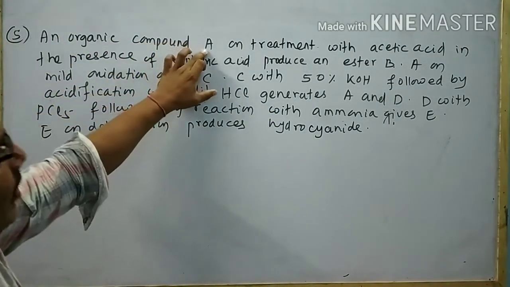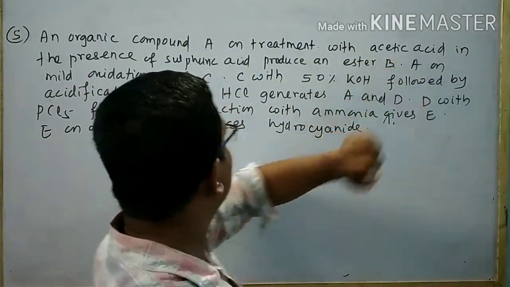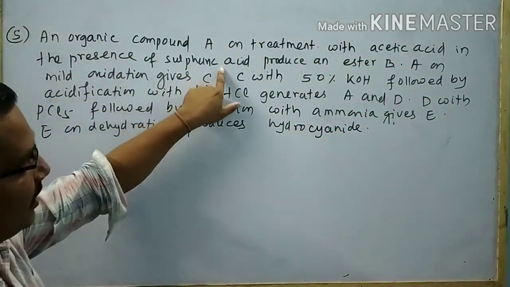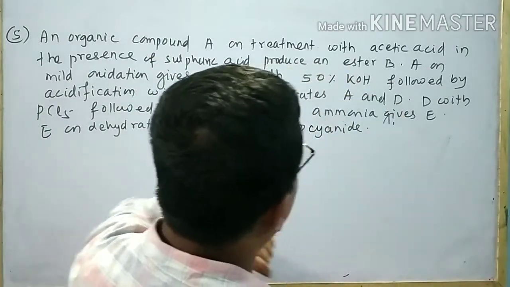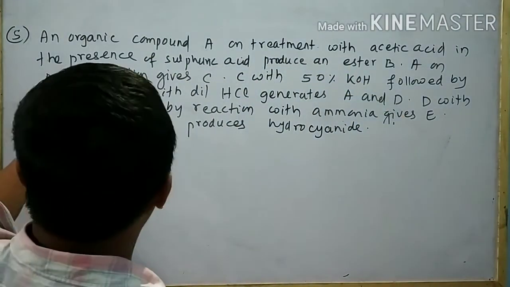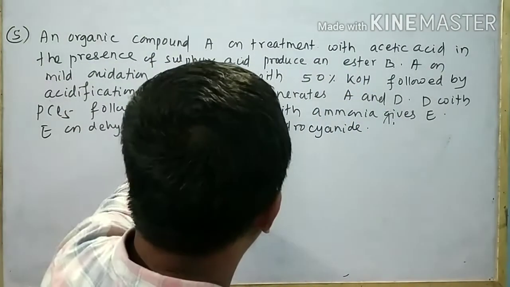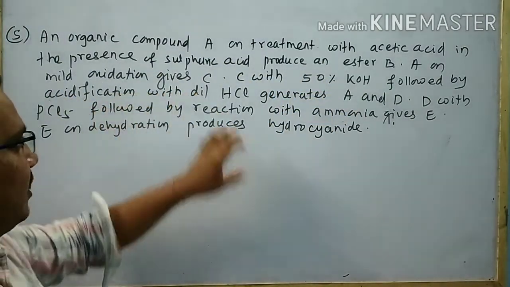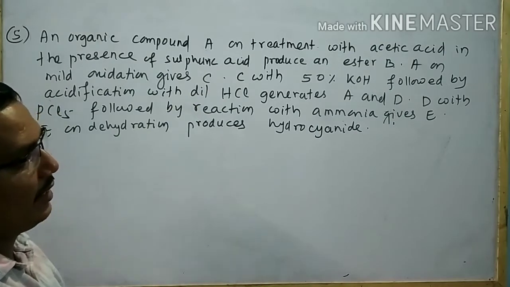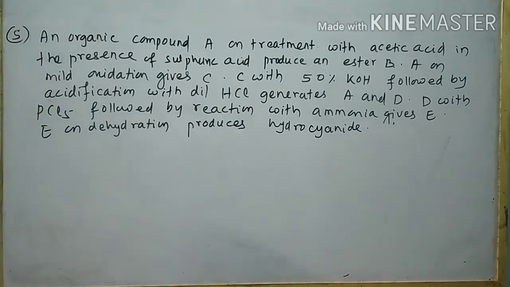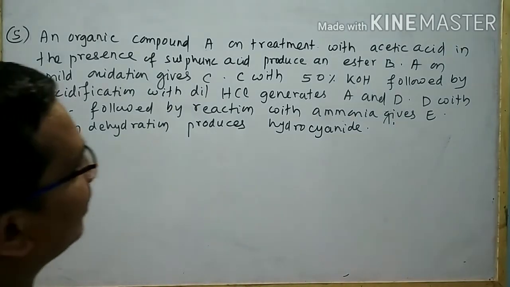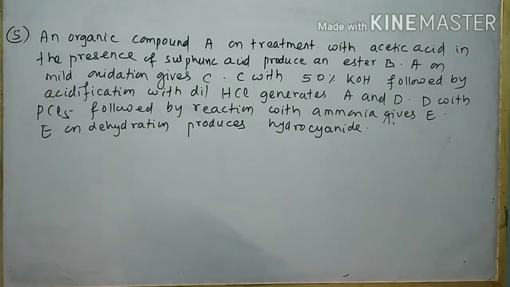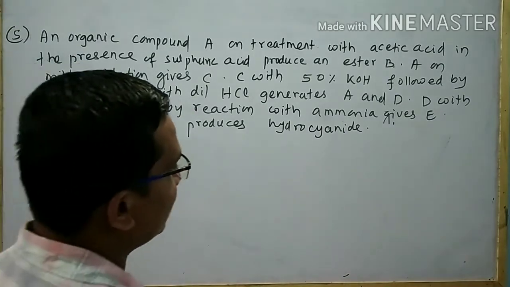An organic compound A on treatment with acetic acid in the presence of sulfuric acid produces an ester B. A on mild oxidation gives C. C with 50% KOH followed by acidification with dilute HCl generates A and D. D with PCl5 followed by reaction with ammonia gives E. E on dehydration produces hydrogen cyanide.